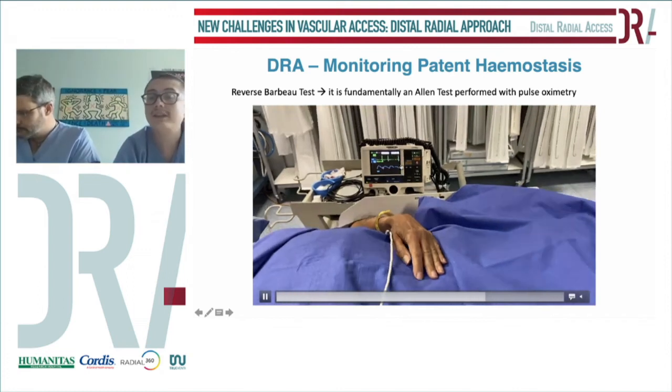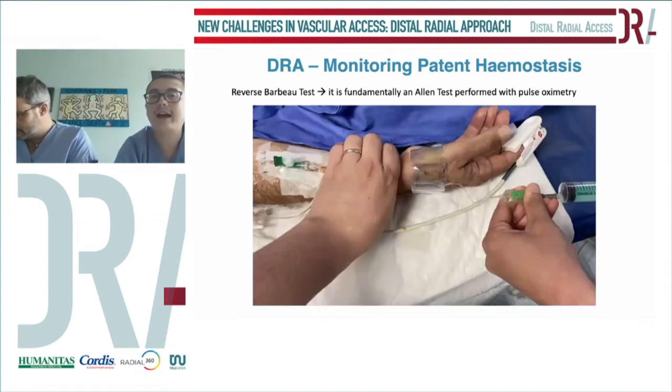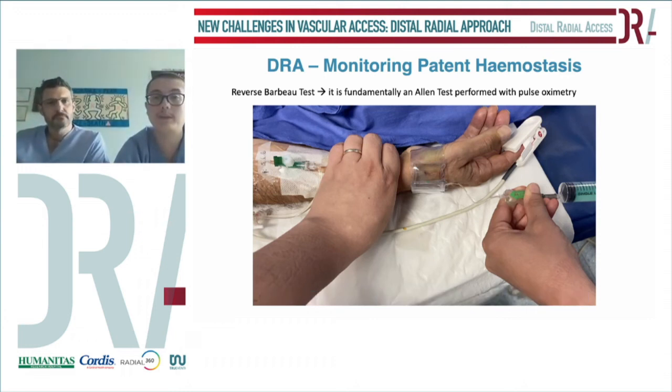I don't know if it's related to an indirect compression of the proximal arch, but anyway, it's always good to check. We don't always have to deflate a little bit the TR band, but anyway, it's good to have a good method to check patent hemostasis.